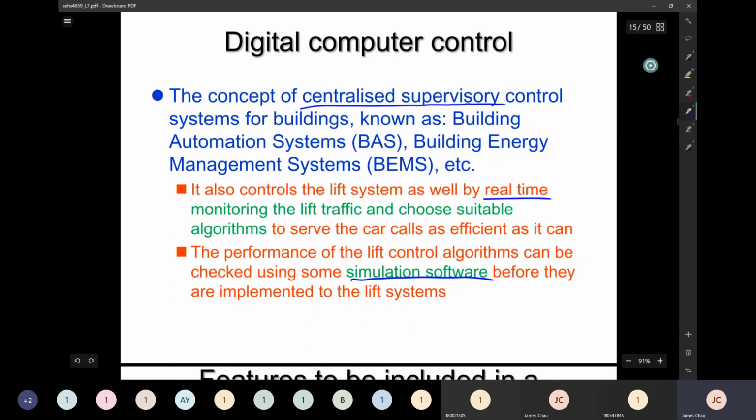In lift system design, we rely on simulation without implementing the actual lift system, because implementing an actual lift system is very expensive. Therefore, we should make some simulations before we apply our algorithm to the controller. So we can freely develop our algorithm to control the lift, and before you implement it, you need to check it using simulation.